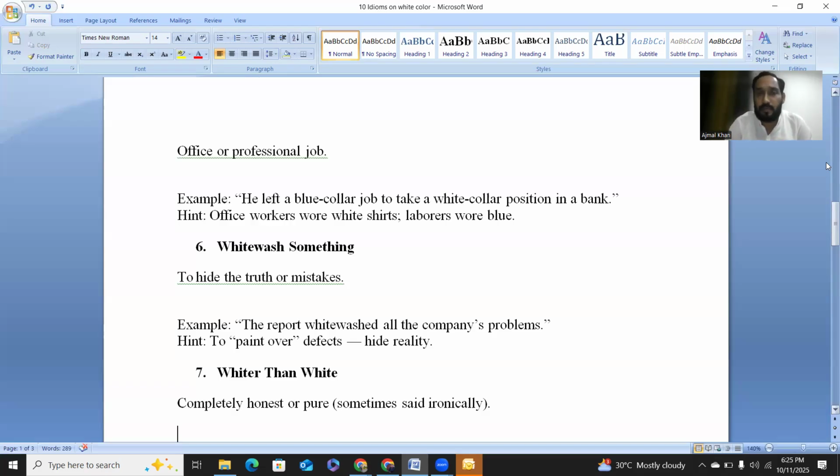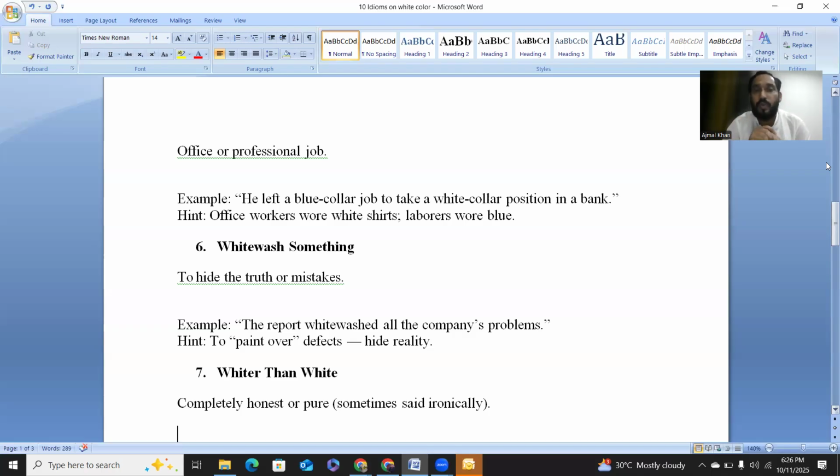So let us watch its example. The report whitewashed all the company's problems. The report which appeared today has whitewashed the company's problems of the past. So whitewash means to remove, to hide, to protect something which was done in a wrong way.